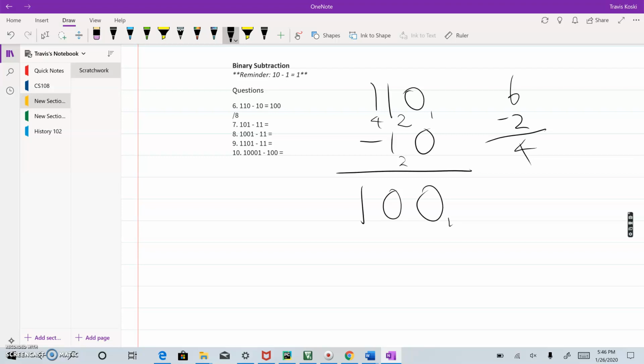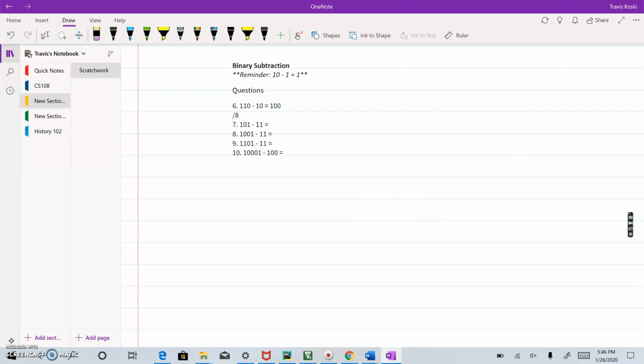So this is the ones place, the twos place, and the fours place. So, what is this? This is 4 in binary representation. So, this is how you do 6 minus 2 in binary. But that's a very introductory level problem. Let us look at something a little bit more complicated.